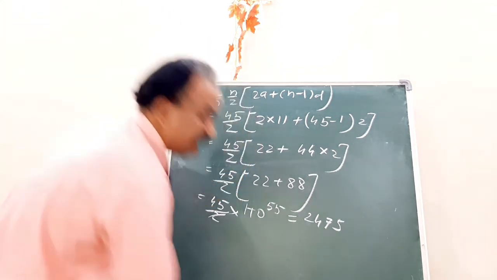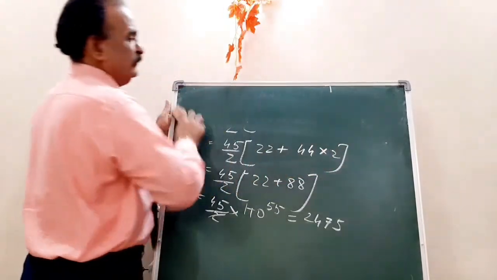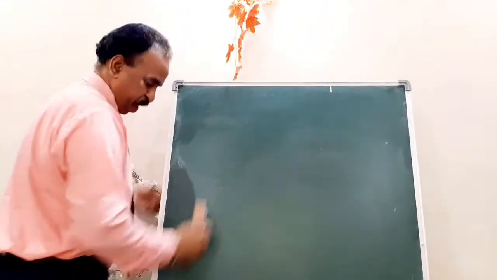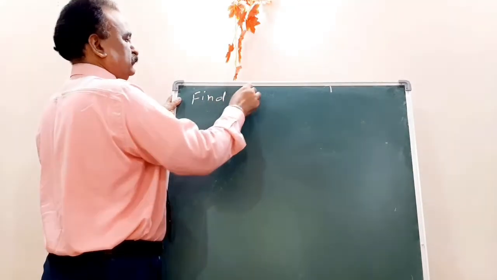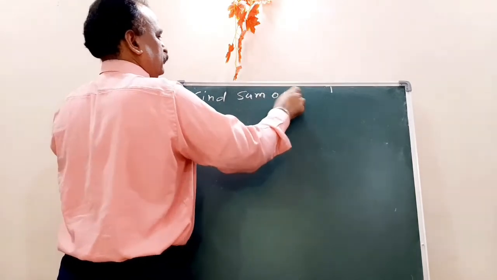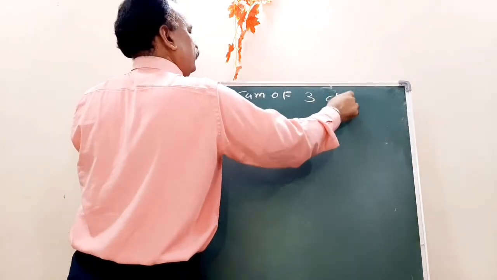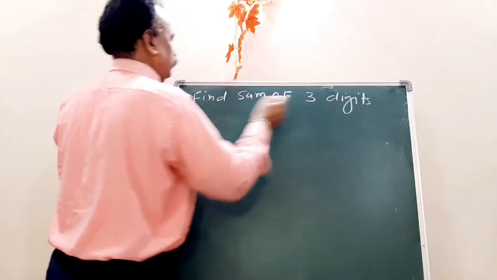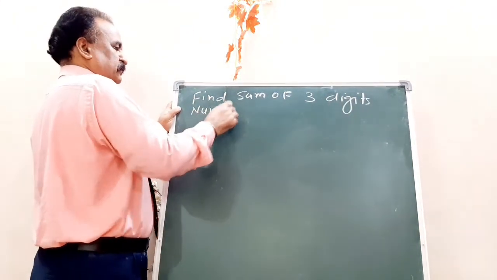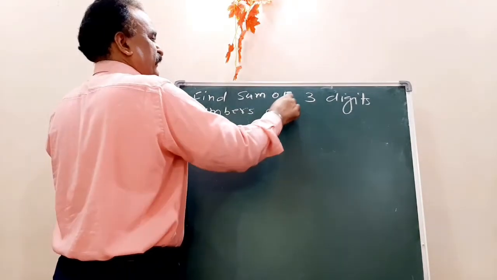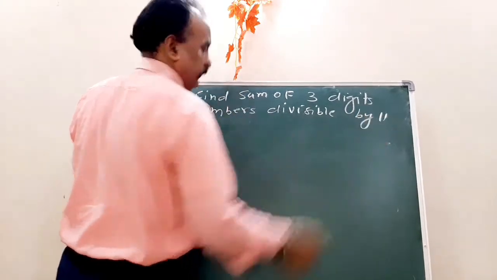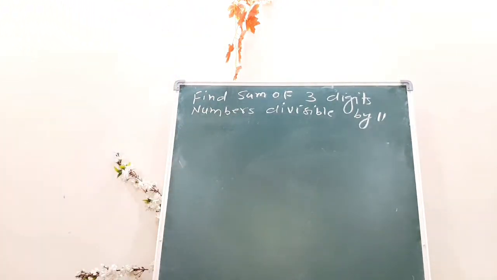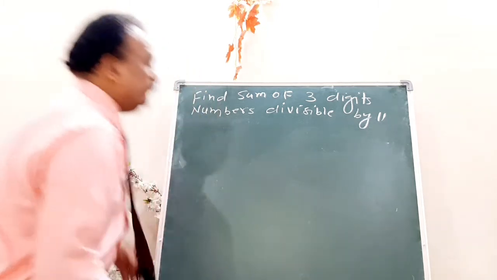Find the sum of all the three-digit numbers. The next question is: find the sum of three-digit numbers divisible by 11.